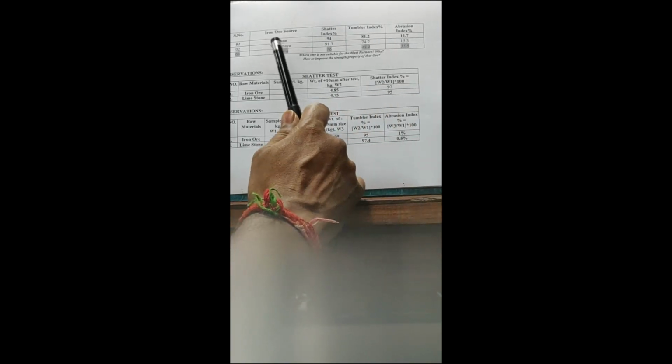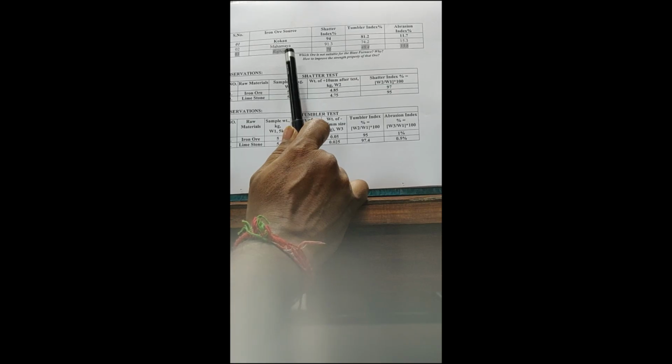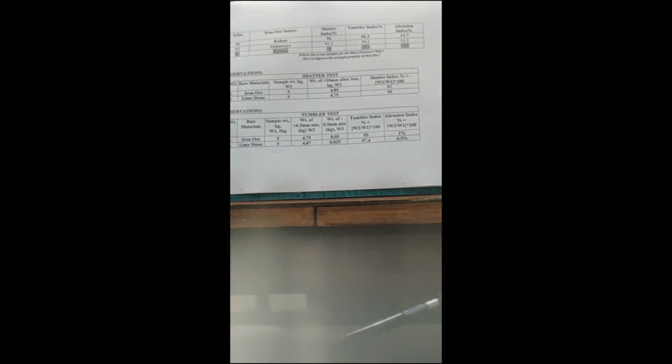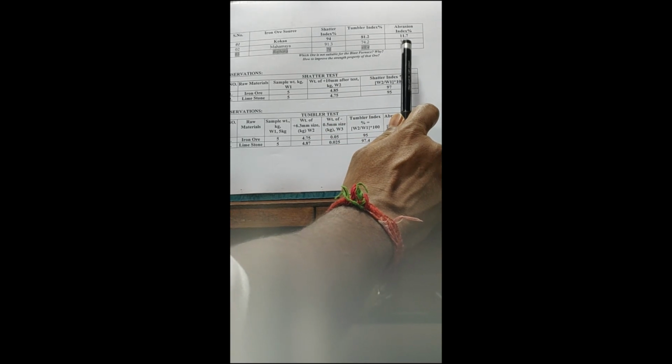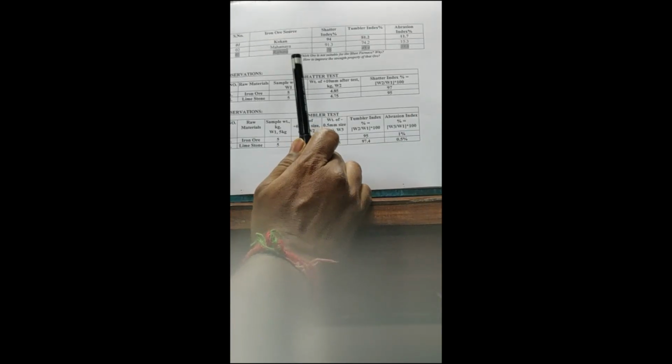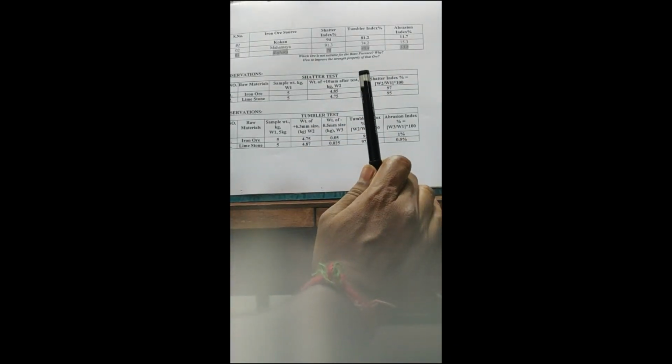From this literature, we can conclude that Rajhara is not suitable as a raw material. As lumps we can't charge Rajhara into the blast furnace, because it may generate fines and cause problems in the blast furnace, or it may generate more fines during transportation, because abrasion is more, which creates more dust.